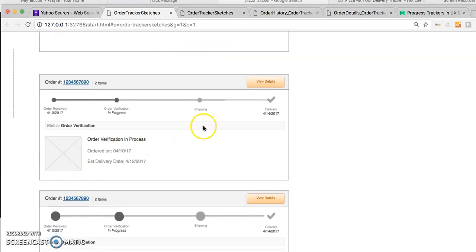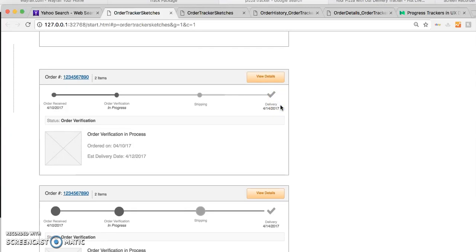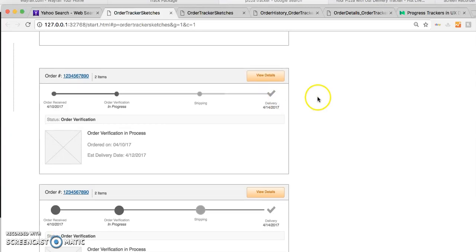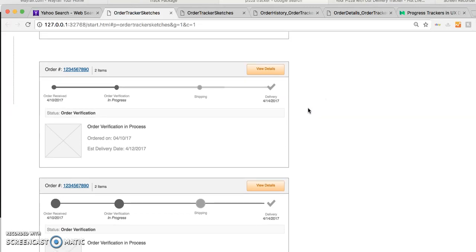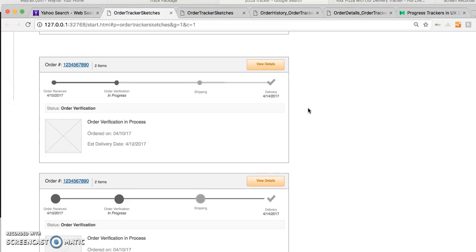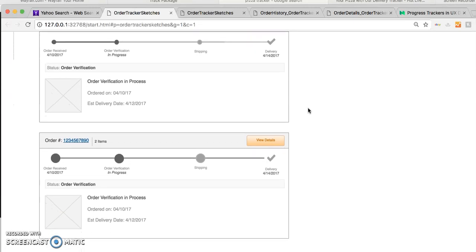The other bit of feedback that I got was that we want it to be horizontal. Horizontal is great. I think it's a common convention. The one thing to consider is that we have to put this on mobile as well, and that will be something that needs to be looked at.